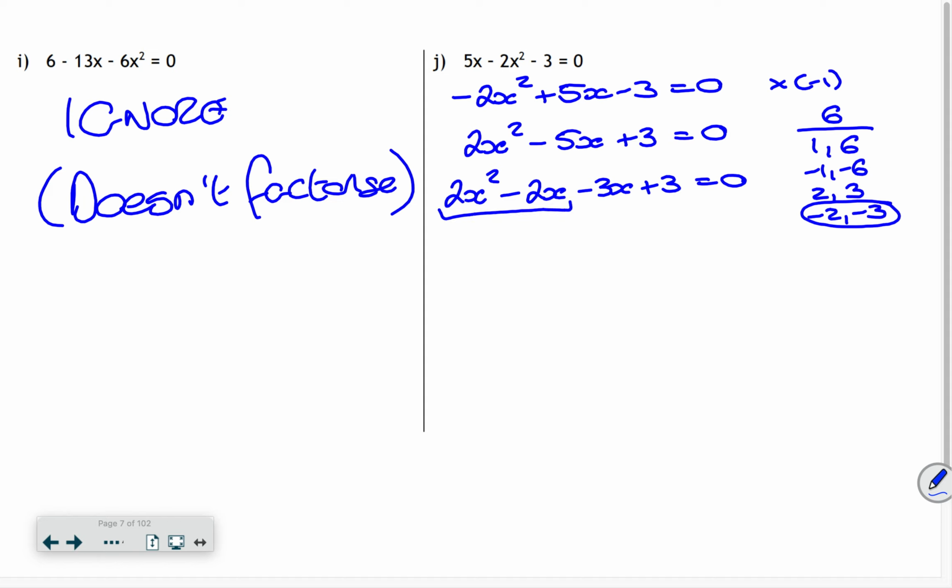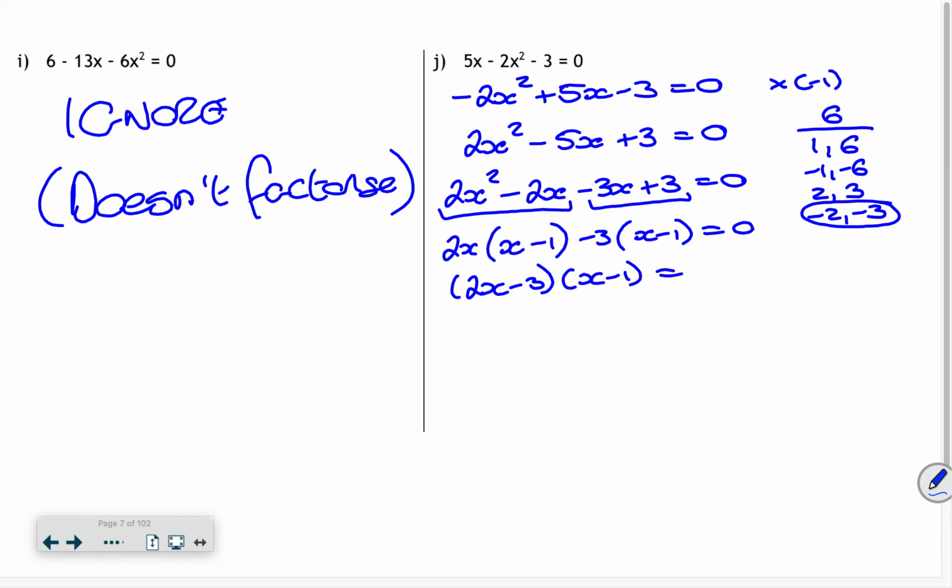Many common factorise. So that will give me 2x bracket x minus 1. And then I still need a minus 1 here, so I'll take out a common factor of minus 3 this time. X minus 1 equals 0. So that means that we have 2x minus 3, x minus 1 is equal to 0, which will give me x is equal to 3 halves, or x is equal to 1.